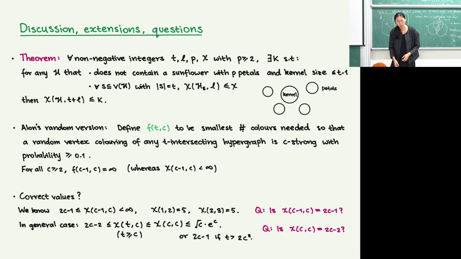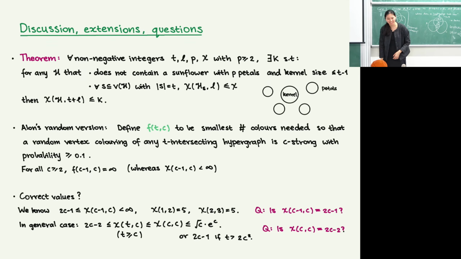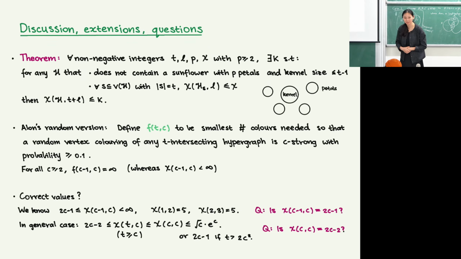Do you have comments? I guess, in some sense, this condition that the links have bounded chromatic number is necessary. If you have a link with high chromatic number, then just restricting to the edges involved in this link, the T plus L chromatic number of this set of edges is going to be large.